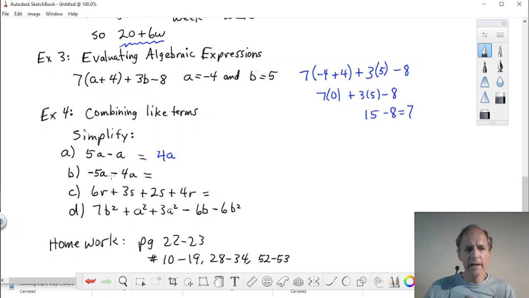Okay, negative 5a minus 4a. Bunch of negative signs there. If that gives you trouble, I kind of like to change subtraction into addition to make everything a little more clear. So we could say negative 5a, instead of minus 4a, say plus a negative 4a. And this is a little trick to clarify things.